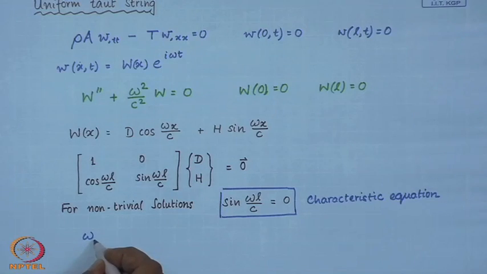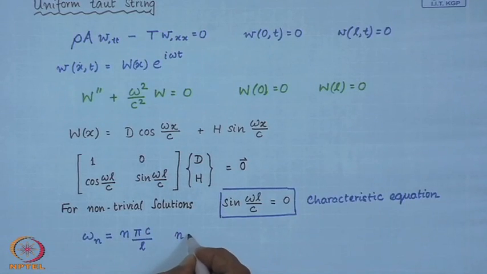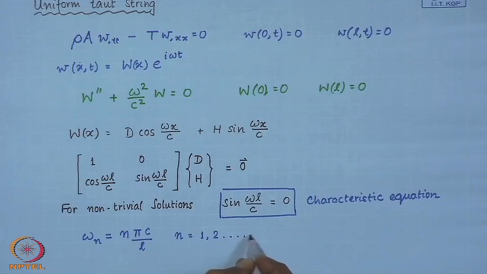So, we will put an index n and write this as, where this index n goes from 1 to infinity.